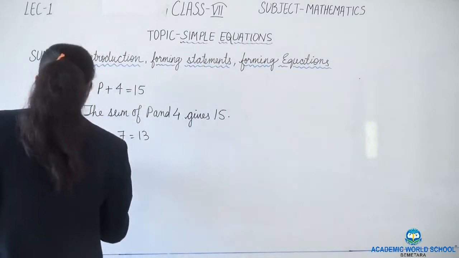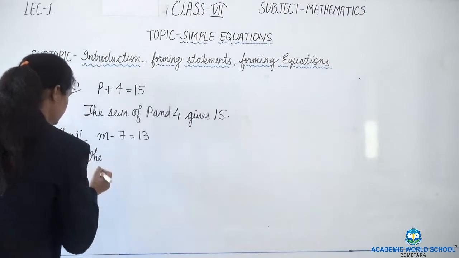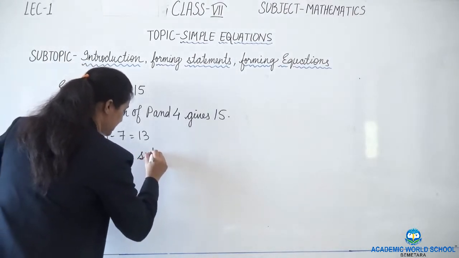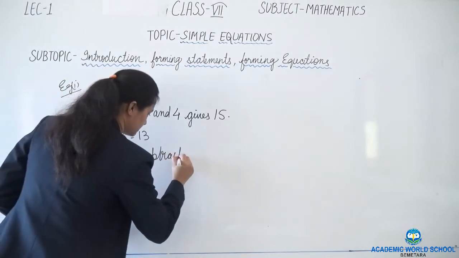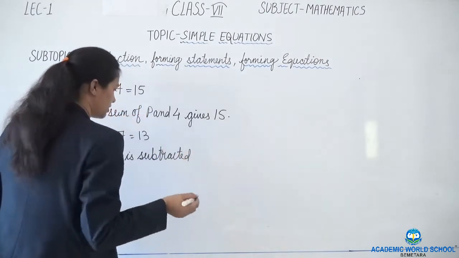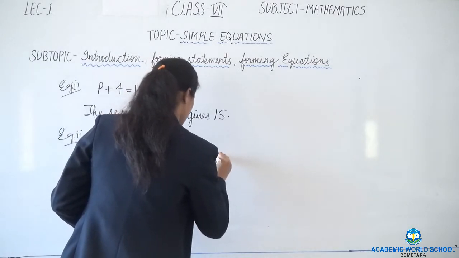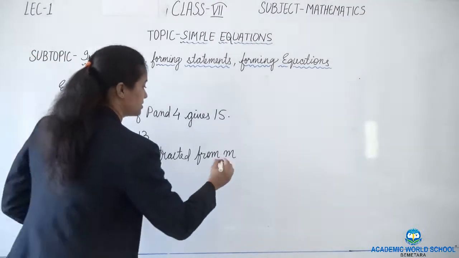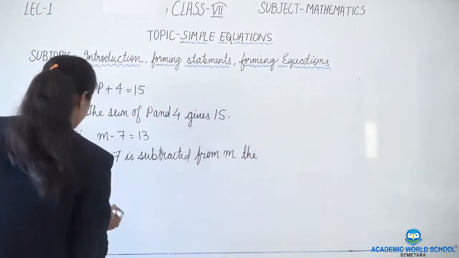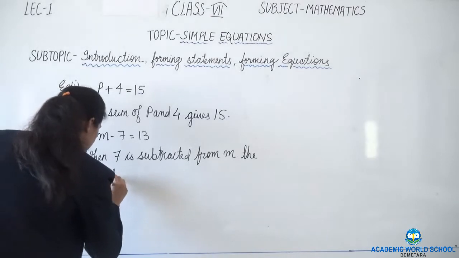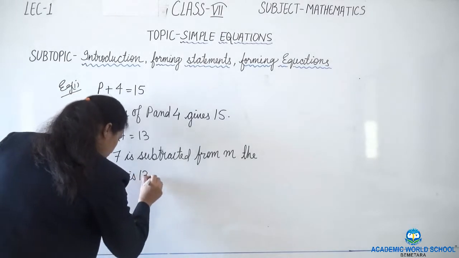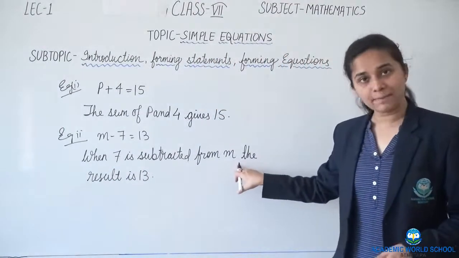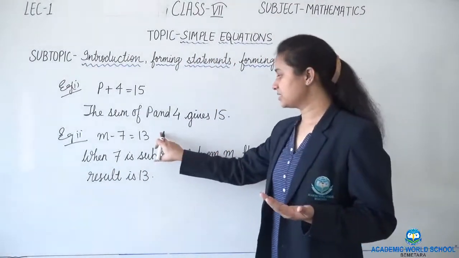So the statement here will be: when 7 is subtracted from M, the result is 30. Now we can check it. Very simple. M minus 7, when 7 is subtracted from M, the result is 30.